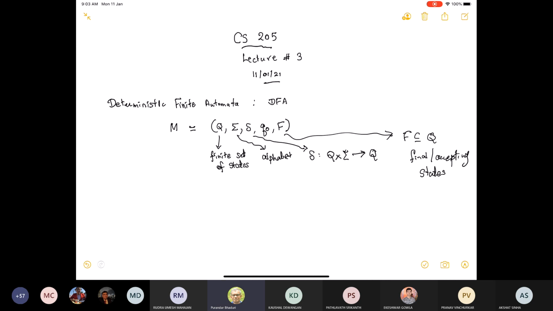Okay, and often, instead of writing down this transition function, when writing down the description of a deterministic finite automaton, what we do is we use a graphical notation.